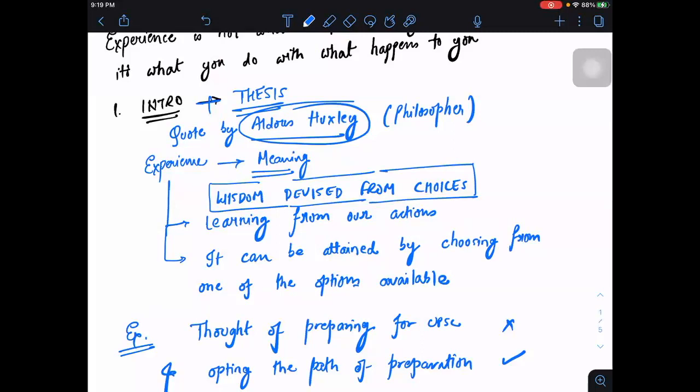The class should not be a one-way lecture, right? It should be a dialogue kind of thing. So anyone who has any kind of point to expand this particular thesis, they can put up. No one?